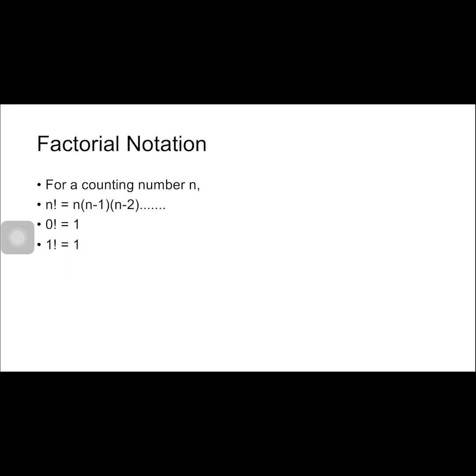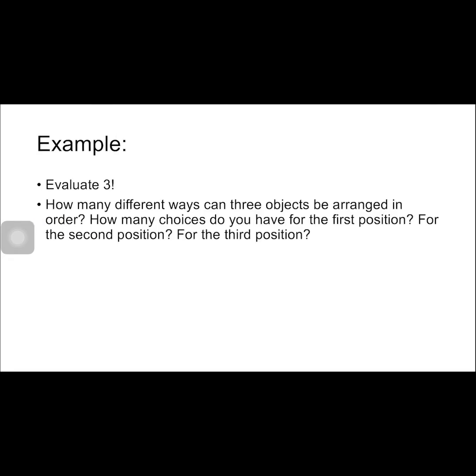Okay, next is factorial notation. So here, for a counting number n, n factorial is equal to n times n minus 1 times n minus 2, and so on. Please take note that 0 factorial is equal to 1, and 1 factorial is also equal to 1. Okay? So, for our example, let us evaluate 3 factorial. How many different ways can 3 objects be arranged in order?